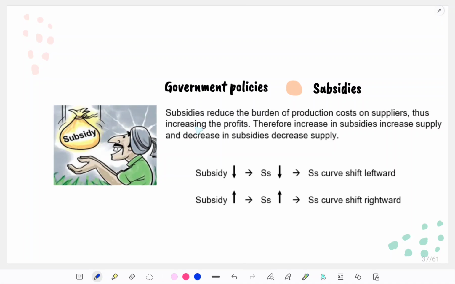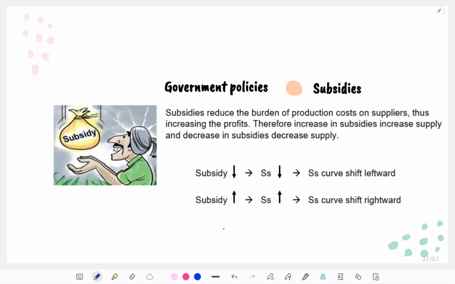These subsidies will reduce the burden of production costs on suppliers. Therefore, if the government gives a subsidy to a rice farmer, for example, they can produce more at a lower cost. So, with the subsidy given, supply will increase and the supply curve will shift rightwards.